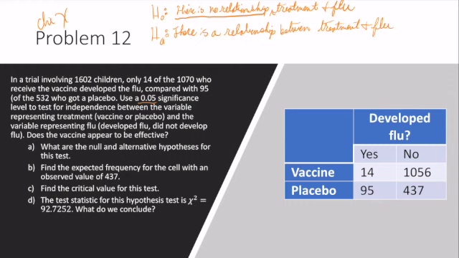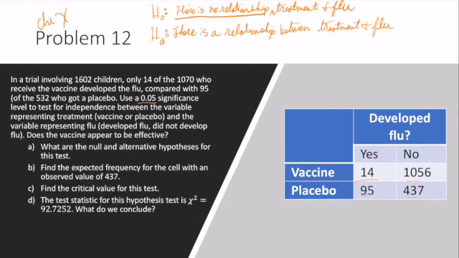So when we're doing a chi-squared, we find the expected value of all of our possible cells in our table, right? Then we take our observed value minus our expected value, we square it, we divide it by the original expected value, we add those up for every square, and we get a chi-squared statistic, okay?